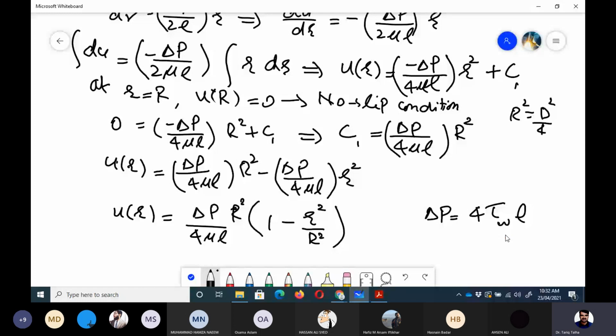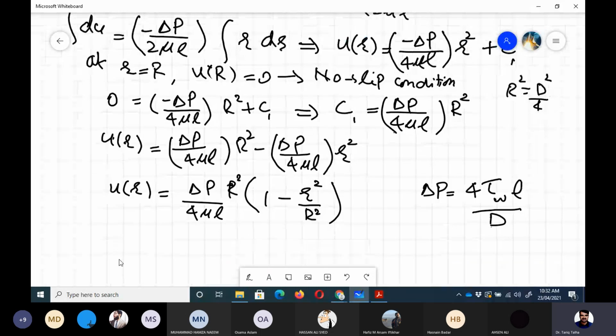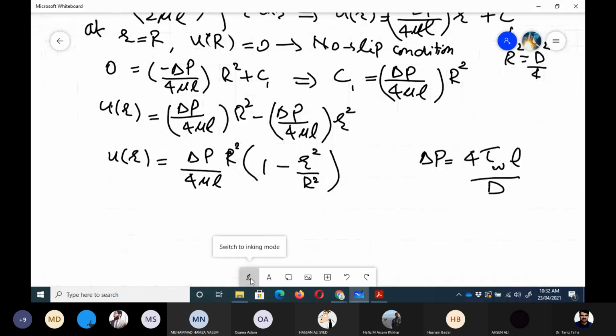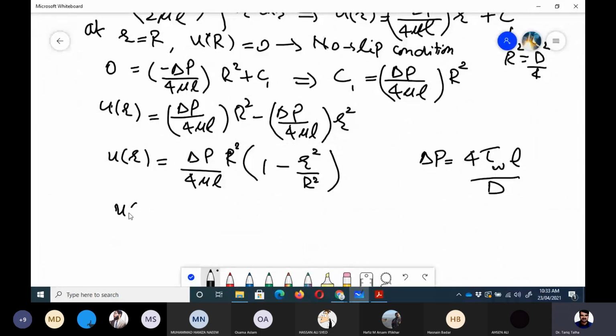So if we put it here, we can write it in terms of tau omega. So u of r would be equal to, instead of delta p, I am writing here 4 tau omega L upon d.